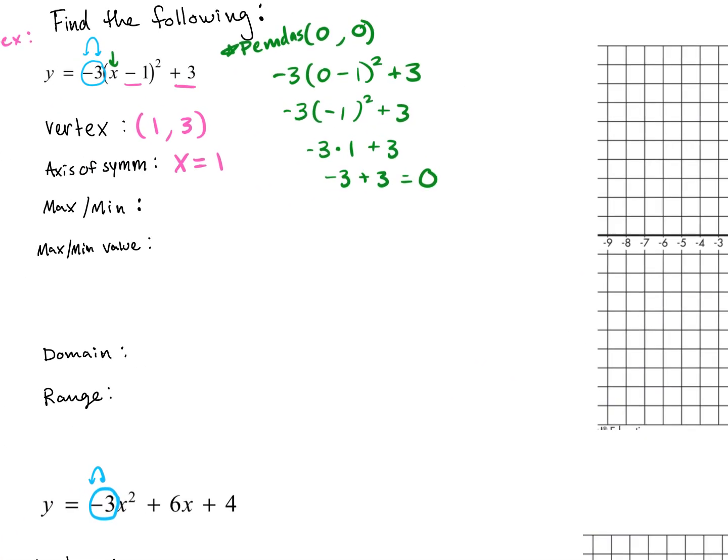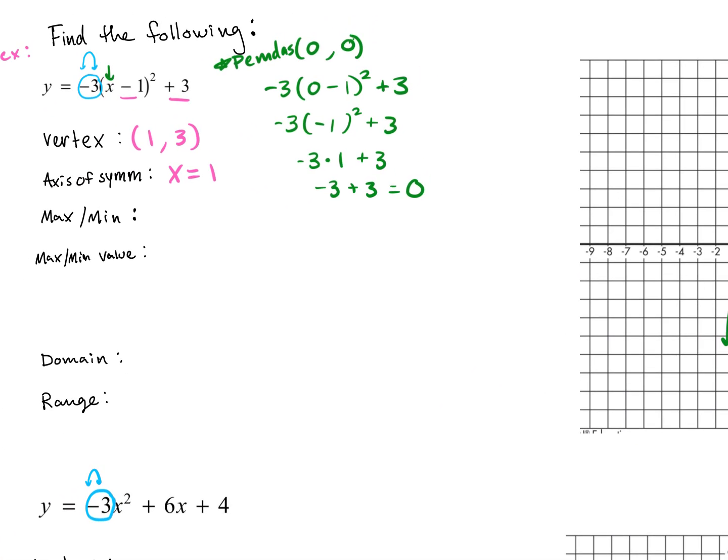All right, so here, is my vertex at the maximum or minimum? Max. It's at the highest point, so we have a maximum. What is the maximum value? 3. Just 3. It's always your y value, 3. What's our domain? All real numbers.